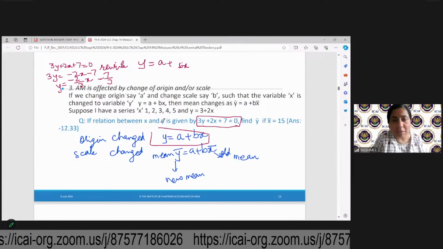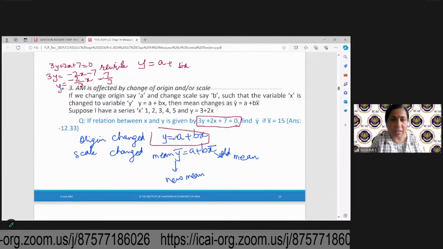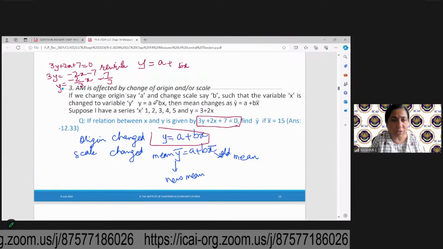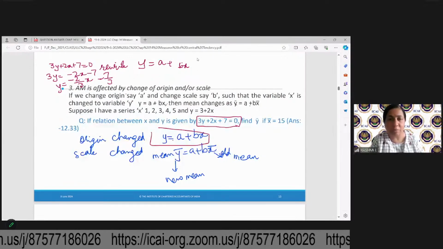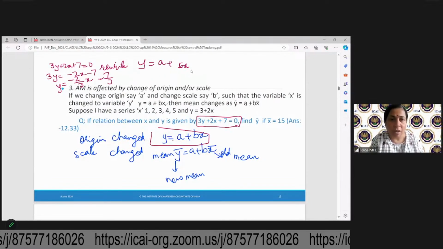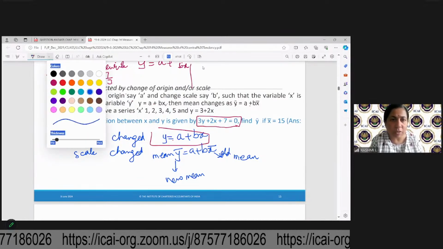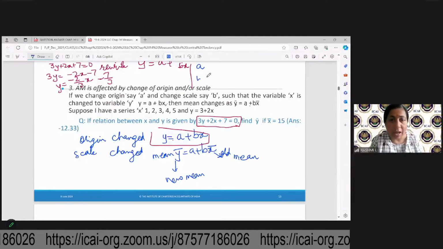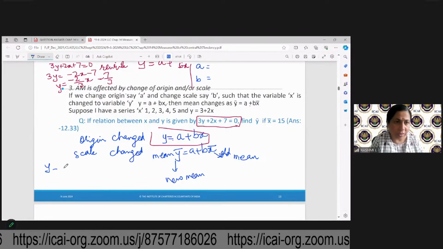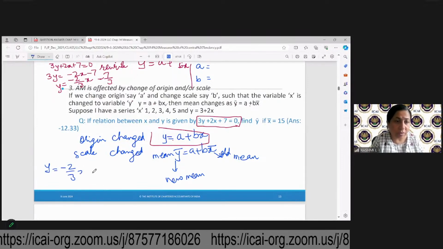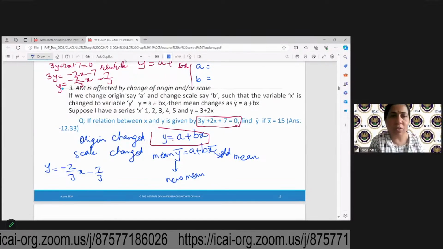So if the relation between x and y is given by this, what happens? If y can be written as y is equal to a plus bx, then the mean changes to y bar is equal to a plus b x bar. Now from here, what is my value of a? Can anybody tell me what is the value of A and what is the value of B? Now I have got y is equal to minus 2 by 3 x minus 7 by 3.